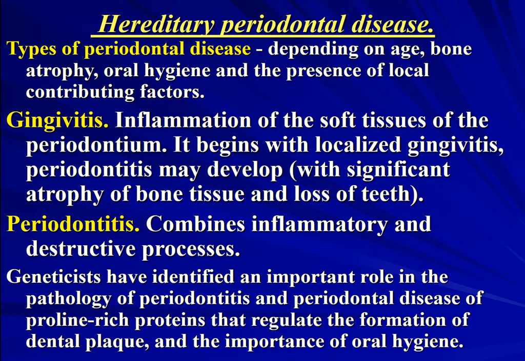Gingivitis is inflammation of the soft tissue of the periodontium. It begins with localized gingivitis. Periodontitis may develop with significant atrophy of bone tissue and loss of teeth.